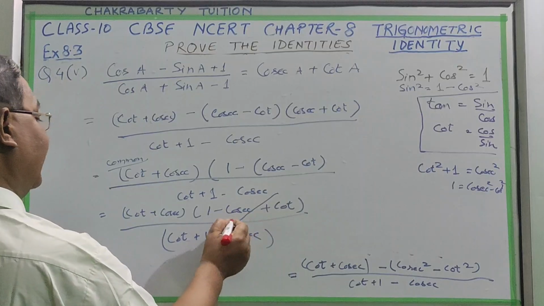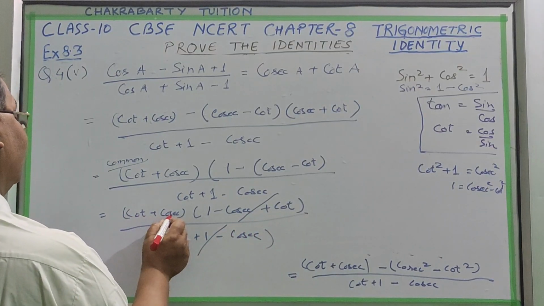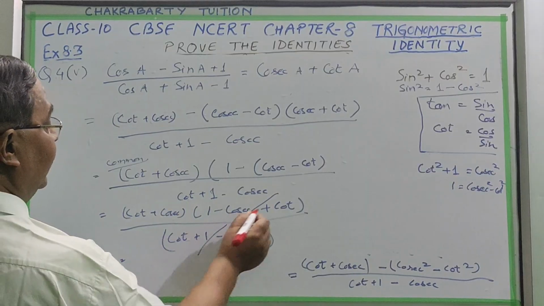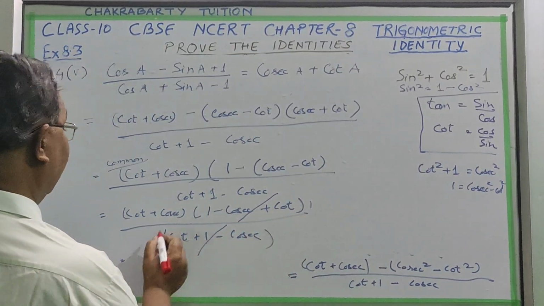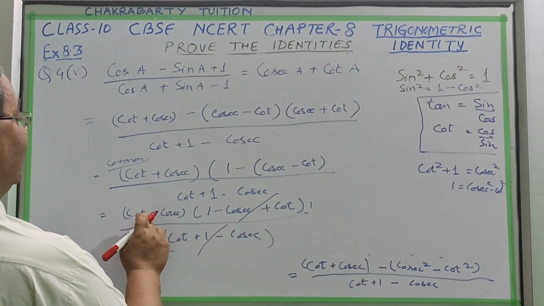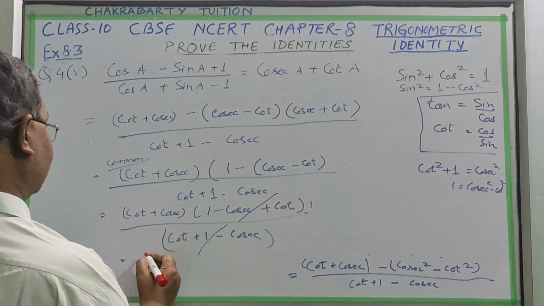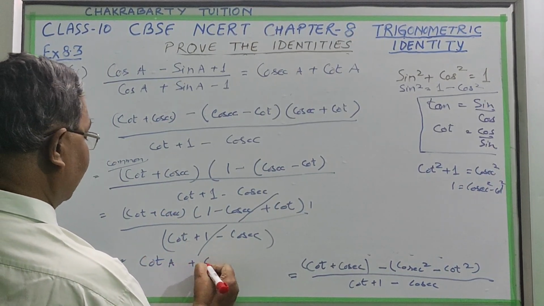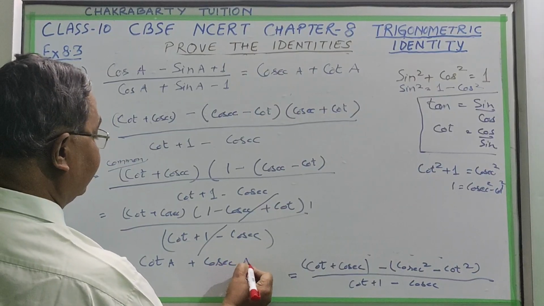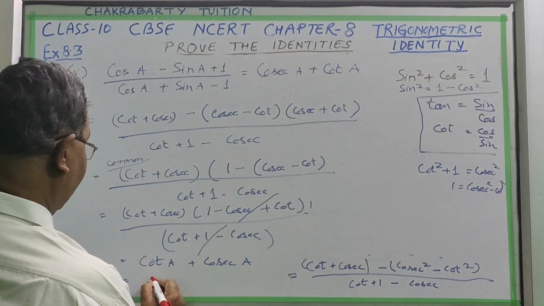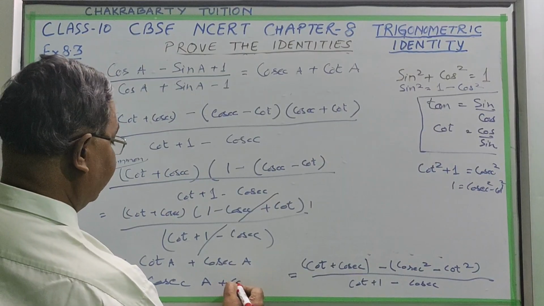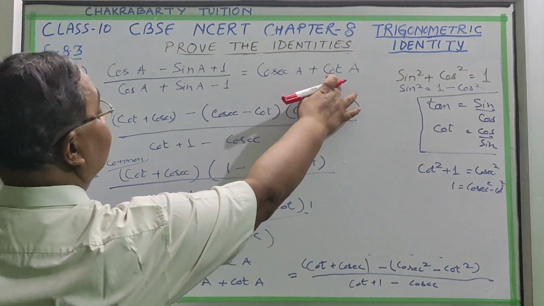So we can cut it like this. So what will remain? Cot and cosec will remain here. 1 upon 1 means 1 will remain here. So if you multiply by 1, it will remain cot plus cosec. So cot A plus cosec A will remain, or we can say cosec A plus cot A we can write. And this is proved.